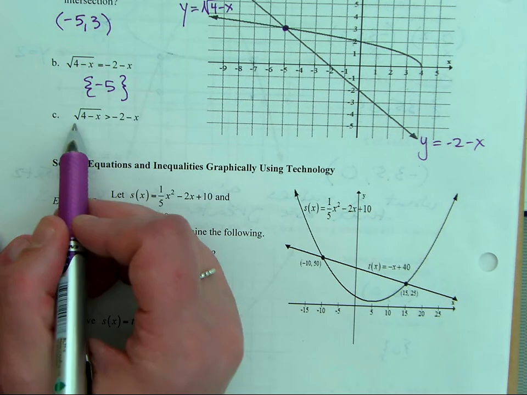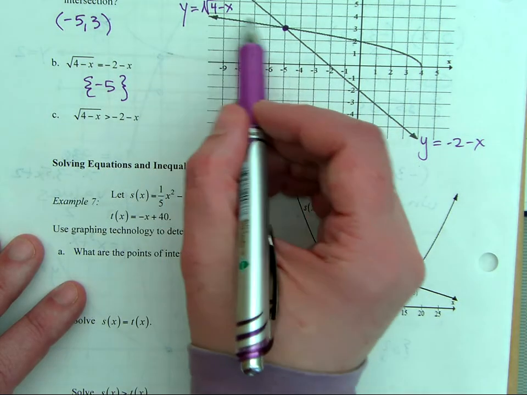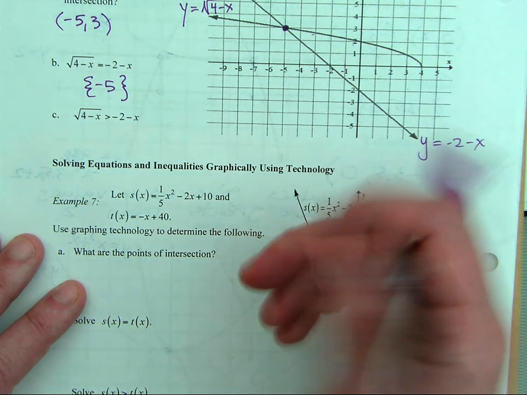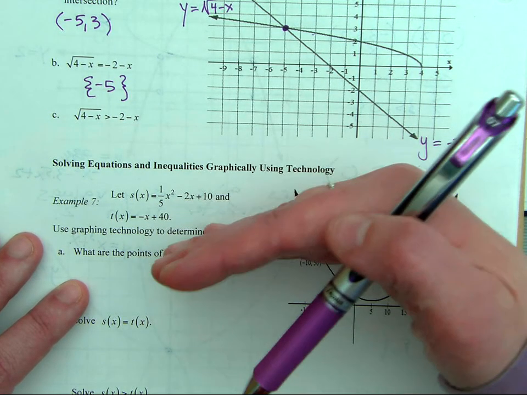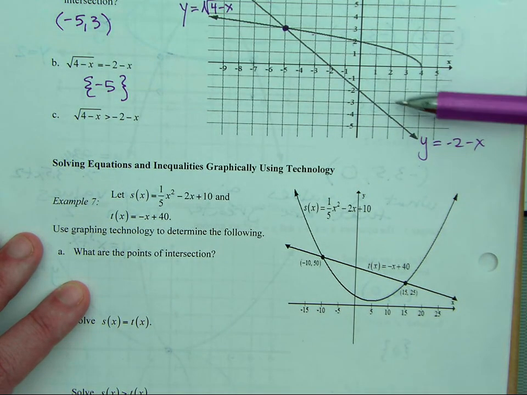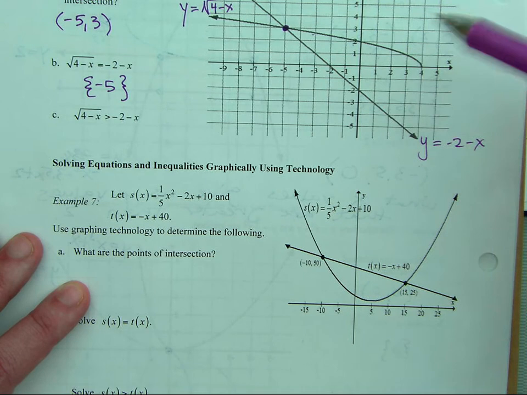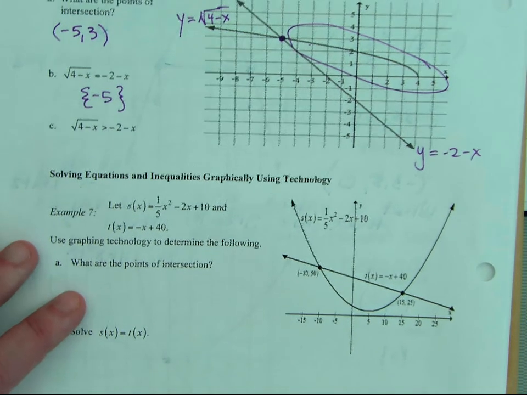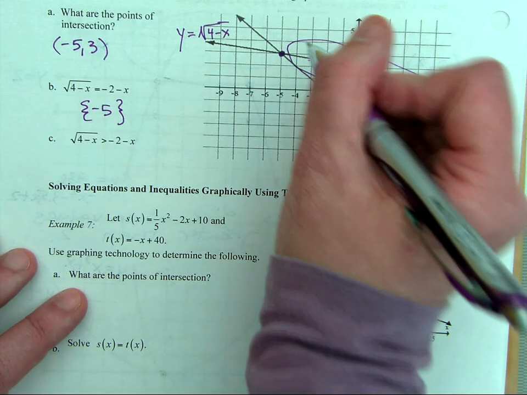Now here we want to know, when is the radical greater than the line? So if we're thinking about y values, when is the radical above the line? And that's over here. So what interval, and actually I didn't even include all of it, right?